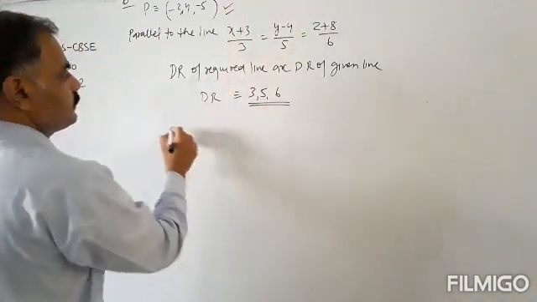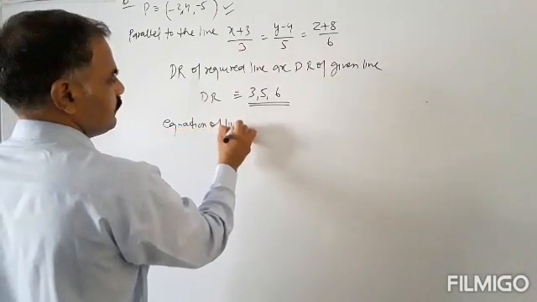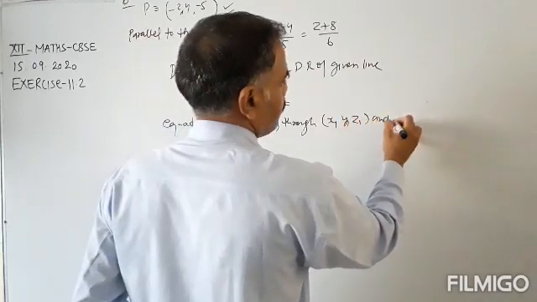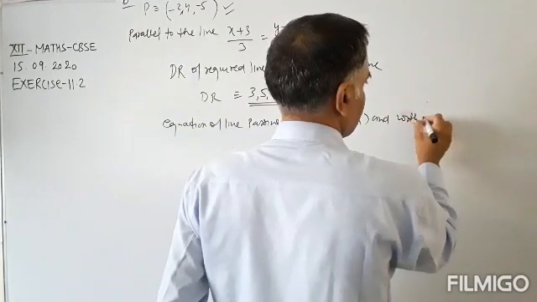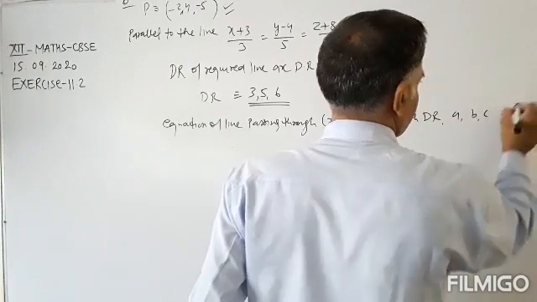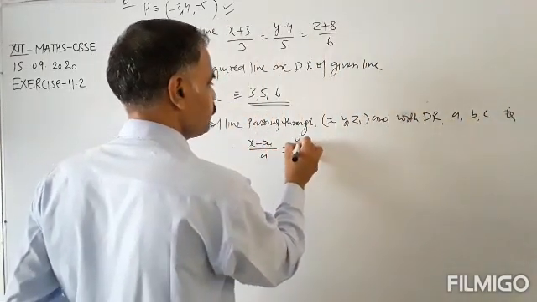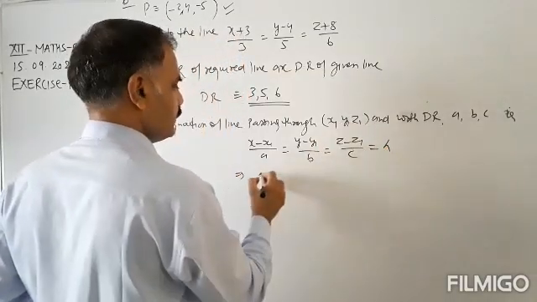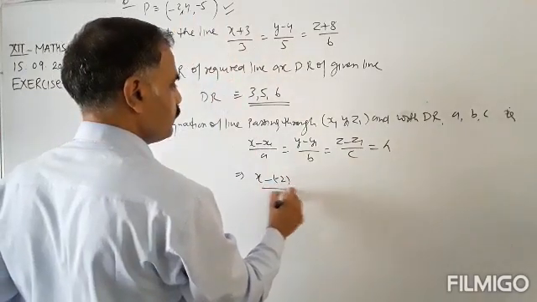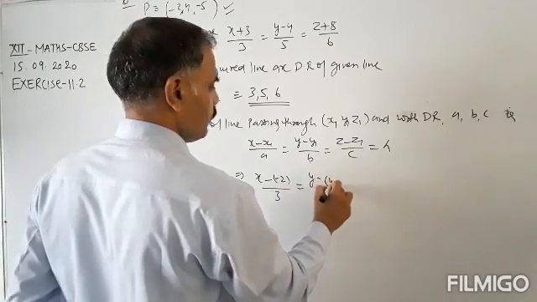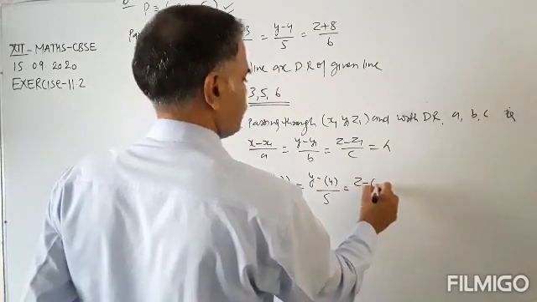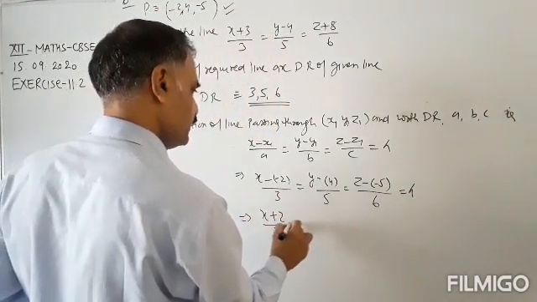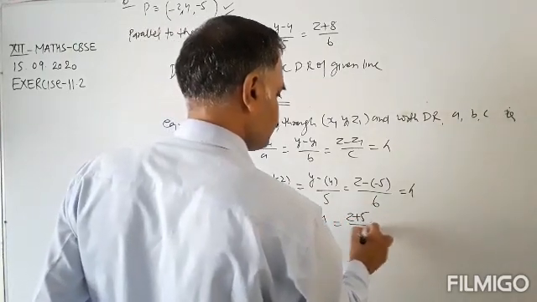Okay, and this is the point. So the equation of line passing through x1, y1, z1 and with direction ratios a, b, c is (x minus x1) upon a equals (y minus y1) upon b equals (z minus z1) upon c equals lambda. Here x1, y1, z1 are minus 2, 4, minus 5, so (x plus 2) upon 3 equals (y minus 4) upon 5 equals (z plus 5) upon 6 equals lambda.